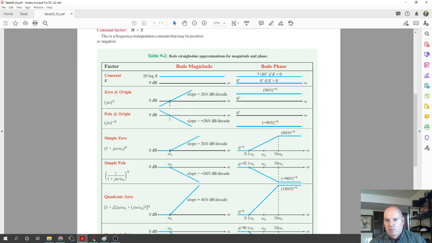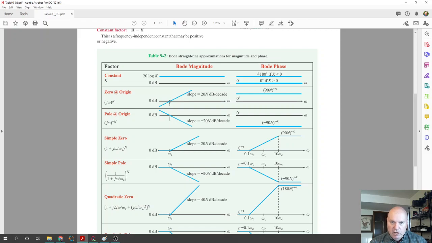If you have just what's known as a 0 at the origin, so that's a j omega term as opposed to a 1 plus j omega term, a j omega term in the numerator would just be a line that crosses 0 dB at omega equal to 1.